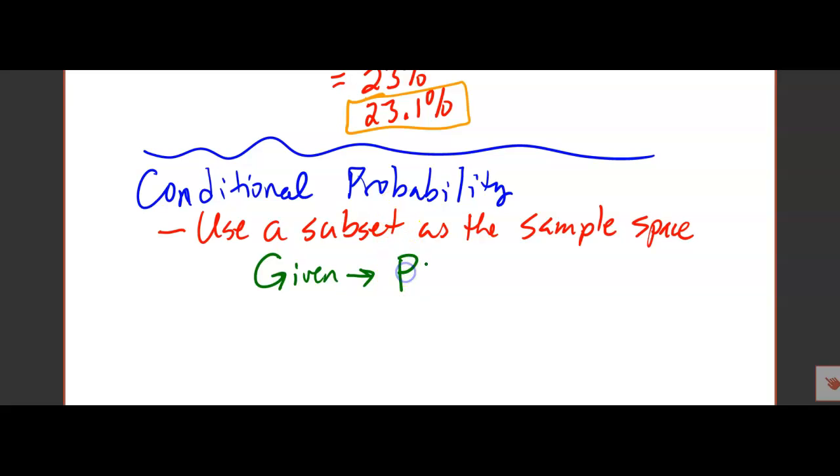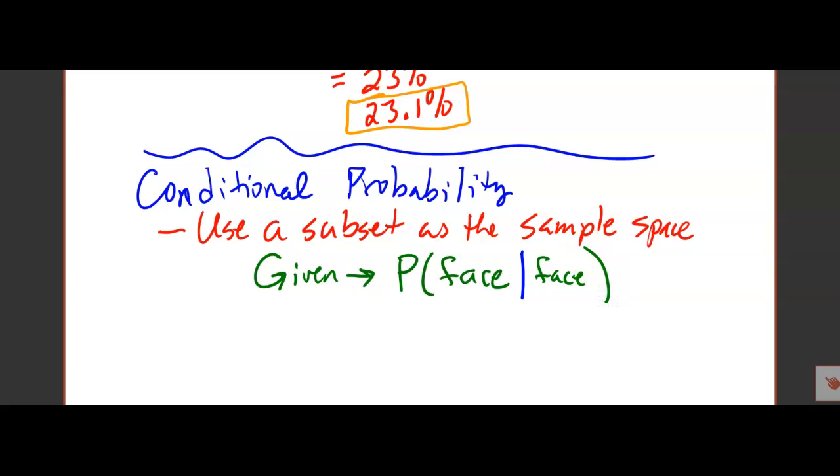The probability of a face card given face cards.